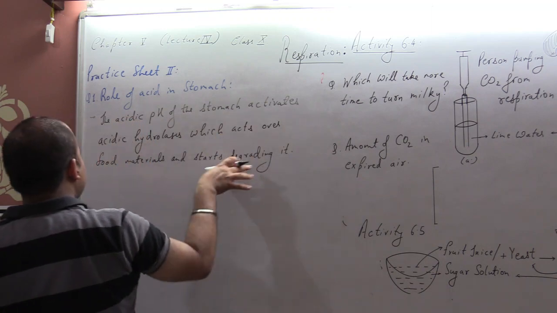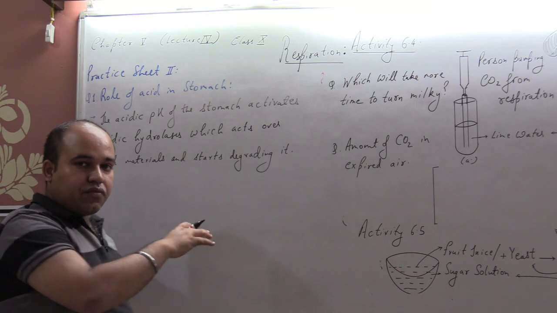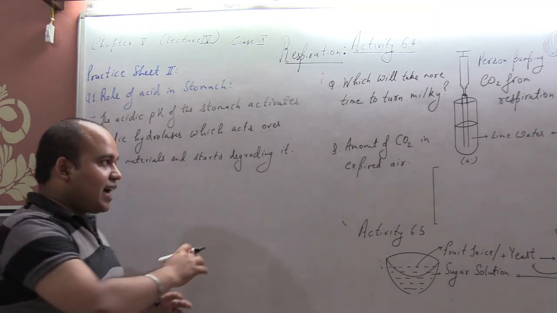So the food material is degraded by certain enzymes, and these enzymes get activated in the presence of low pH, that is, in the presence of acid.